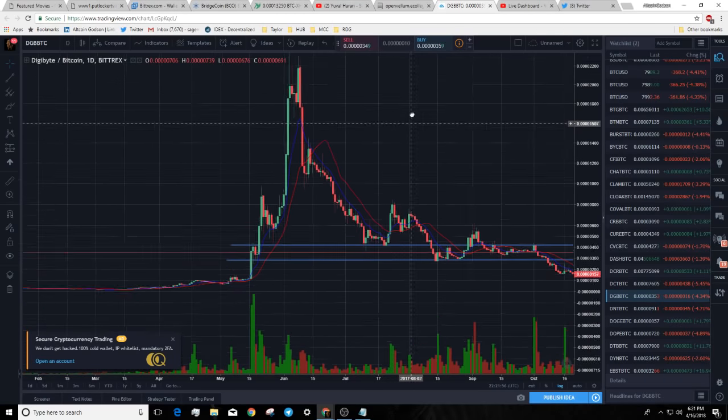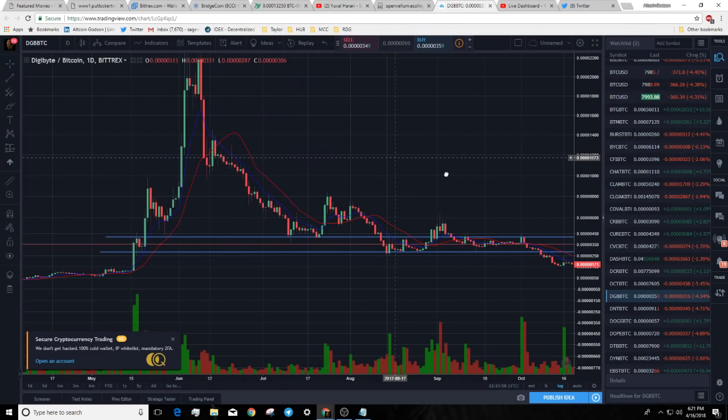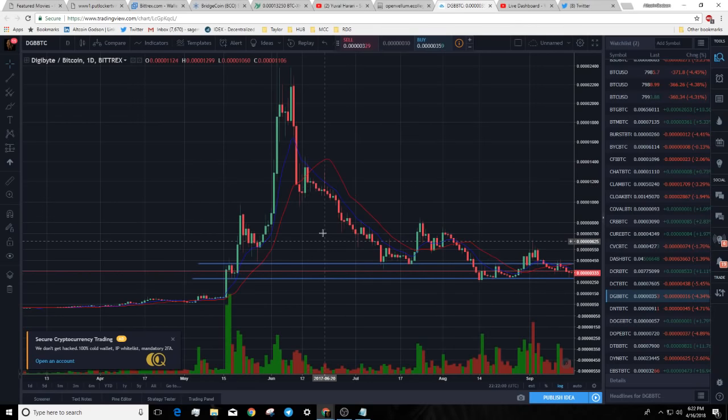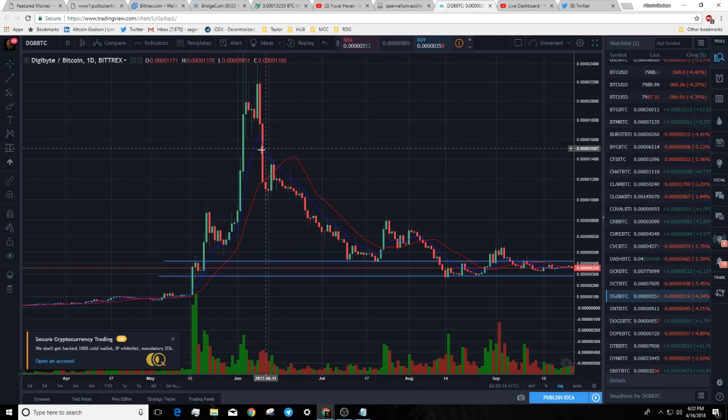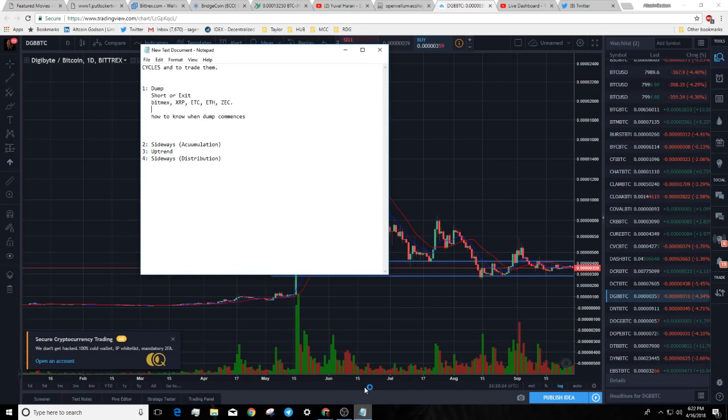With this moving average, you can see how it trades above the moving average the whole time, and then the very first time it goes below that moving average and closes below it, that was the end of the bull trend, right? And then it just started trending downwards and downwards forever.